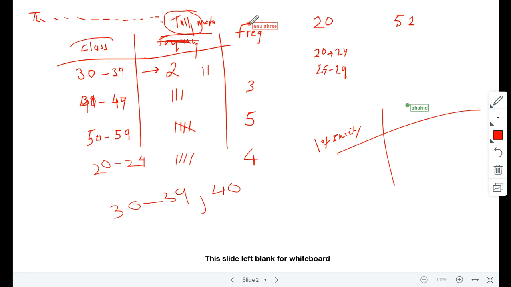Okay, and then for B, it says what is the probability that a person chosen at random will wait more than 19 minutes? So you just have to draw the table first, because it's better if you draw the table, then you can do that question.